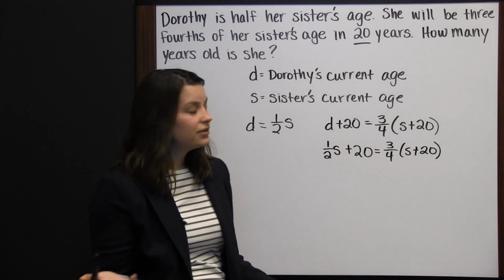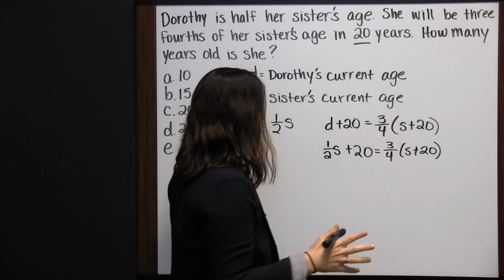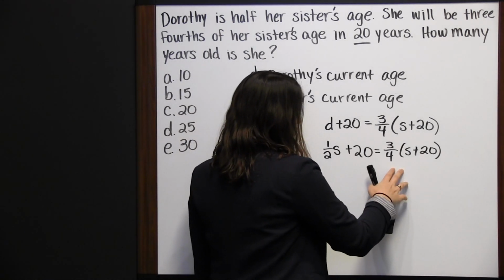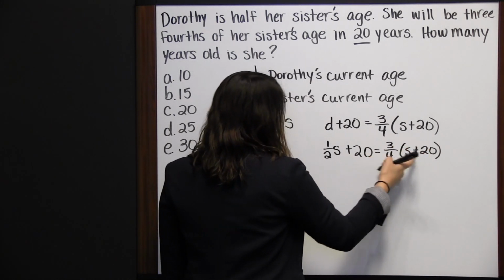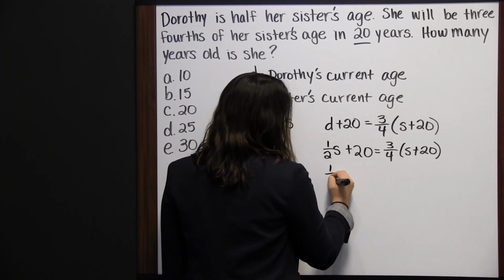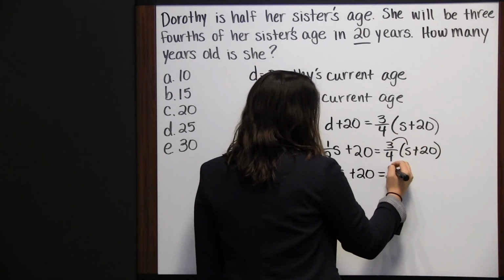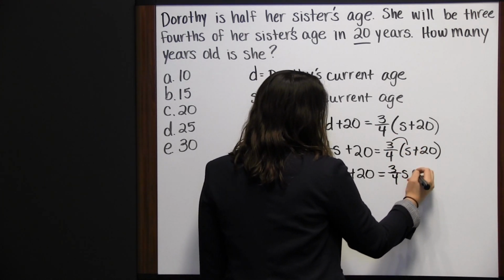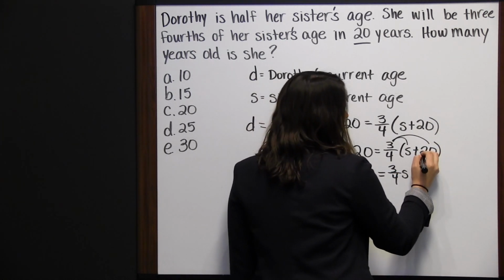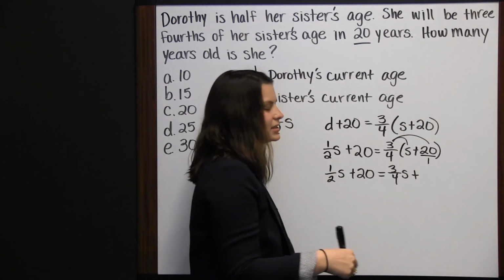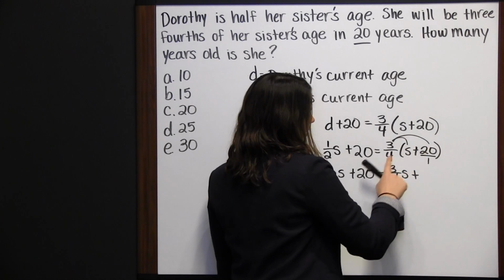Well, from here we have lots of options for solving. And the first thing I think about is, really I just want to get rid of this fraction, this 3/4. So I think I'll start by distributing the 3/4 to what's inside my parentheses. So I have 1/2 S plus 20 is equal to 3/4 S plus, and then with the 3/4 and the 20, I can put 20 over 1, and I can simplify multiplying these numbers by cross-canceling 4 and 20.